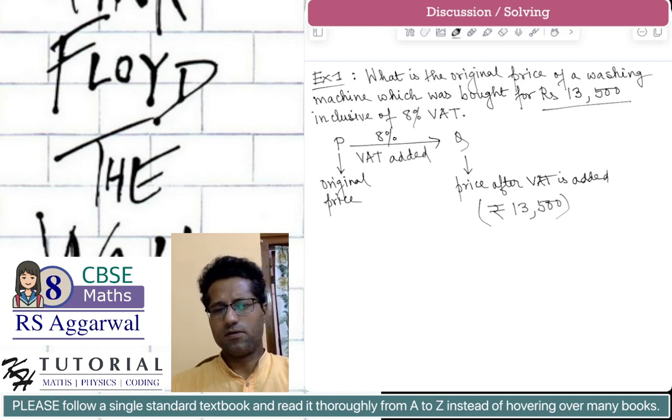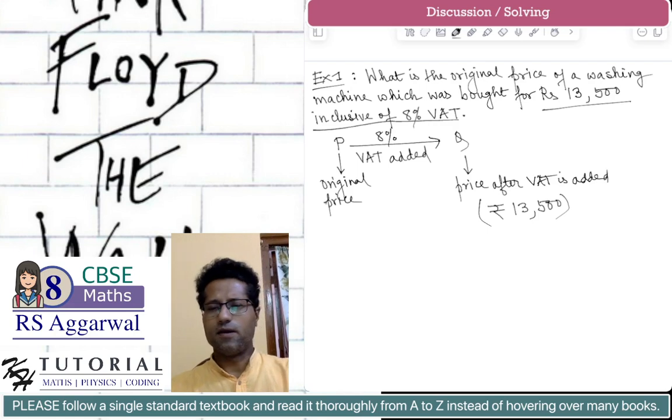We know the rate of the VAT percentage, which is 8%. We also know the price of the washing machine after the VAT was paid, because it is saying the machine was bought for rupees 13,500 inclusive of 8% VAT, which means the rupees 13,500 also has the VAT included in it.